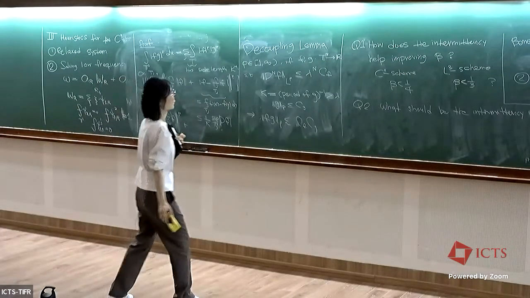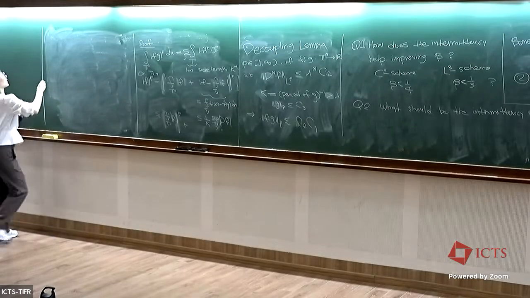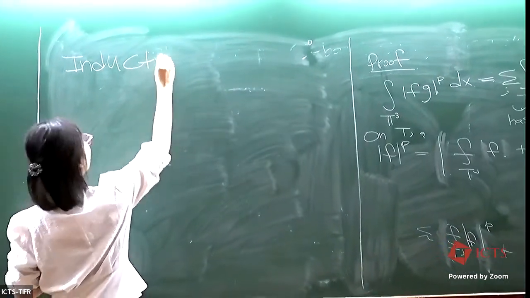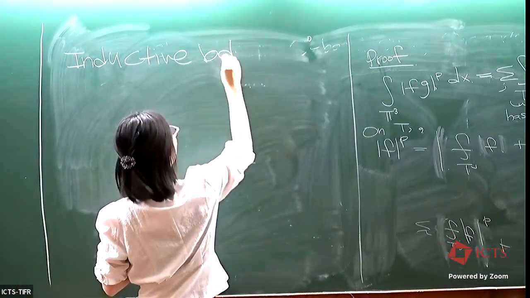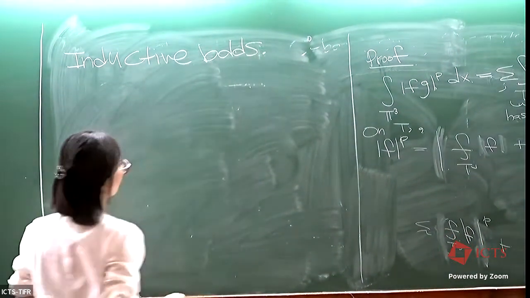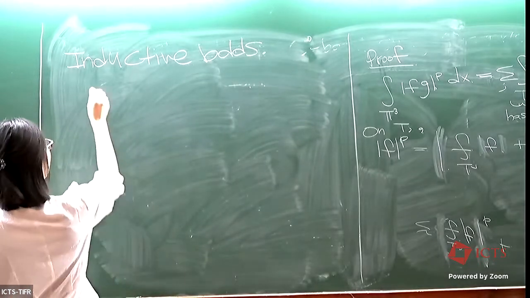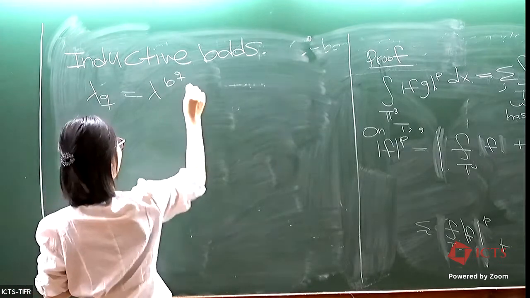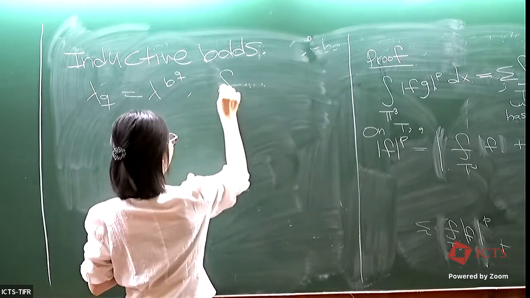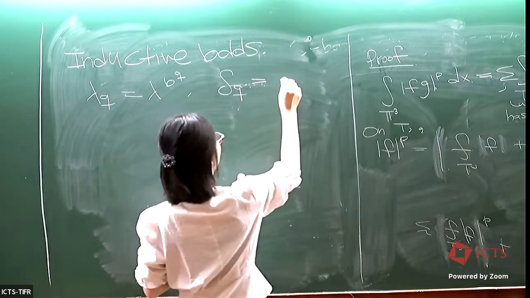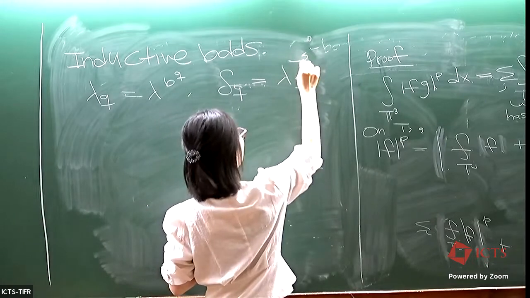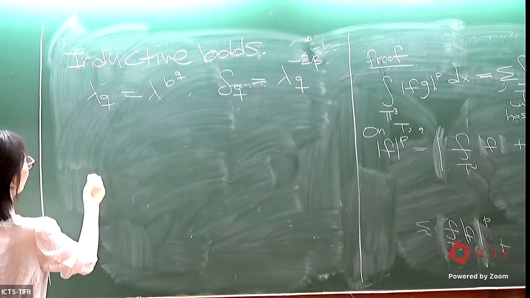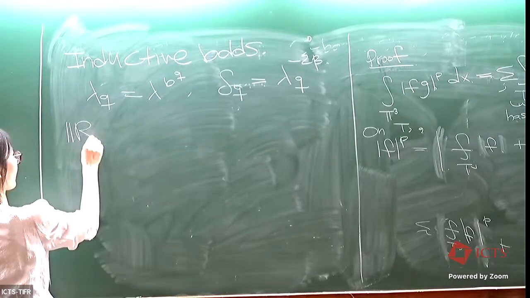Okay. Now let me introduce the inductive bound. So we use the same parameters: lambda_q, which was the double exponential function in q, and delta_q also remains the same, lambda_q raised to the power 2 beta. Then I will first write down and explain why it's designed in this way.